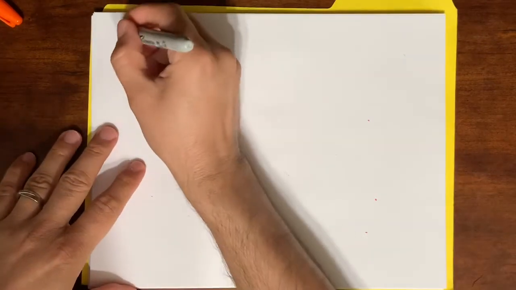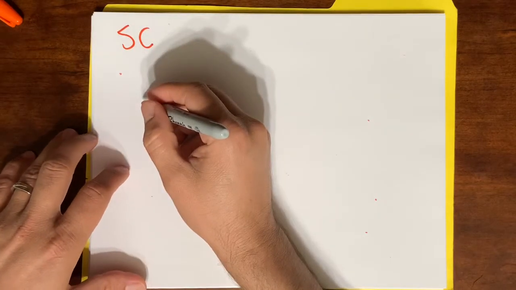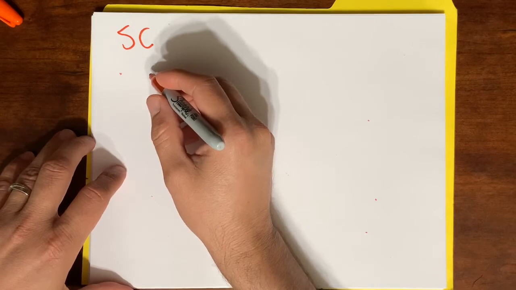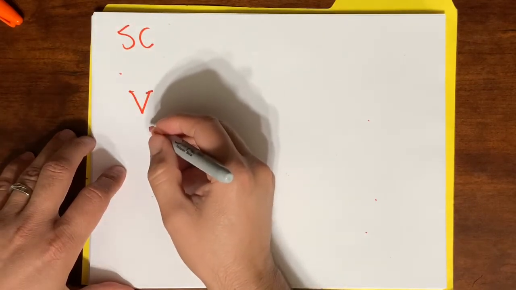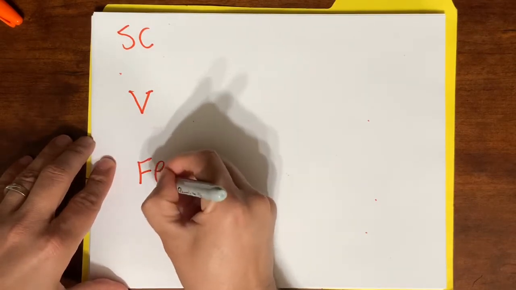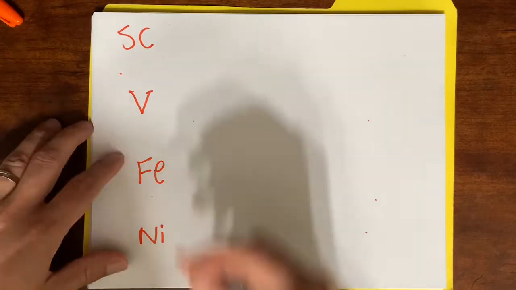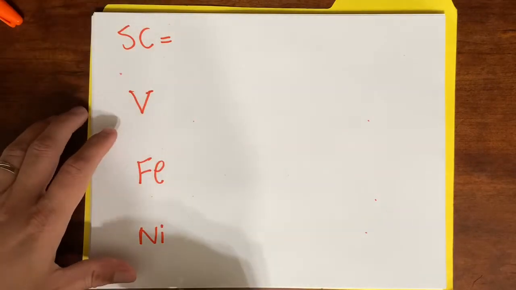I go with scandium. Then I go with, let's say, vanadium. And then iron. And then nickel. Write the electron configuration for these elements.